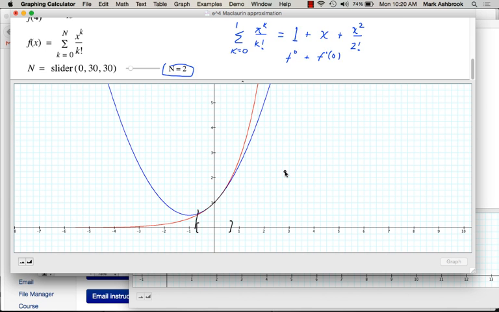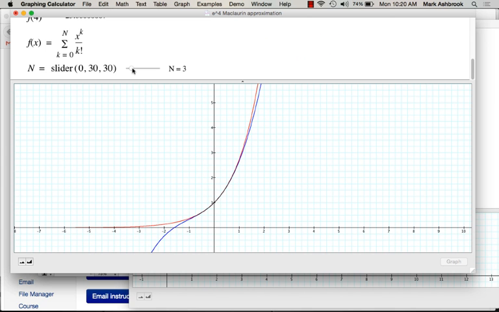So with every term that you add, as you continue to make the partial sum longer, you get one more derivative correct at x equals 0, and you've got a wider range of values around 0 that are doing a good job approximating e to the x. So the longer the partial sum that you take, let's zoom out here.